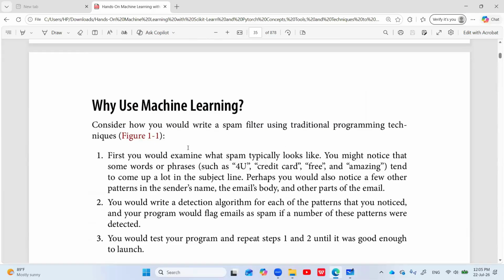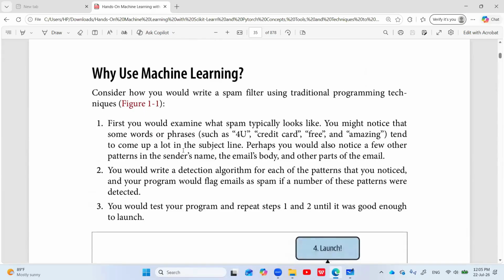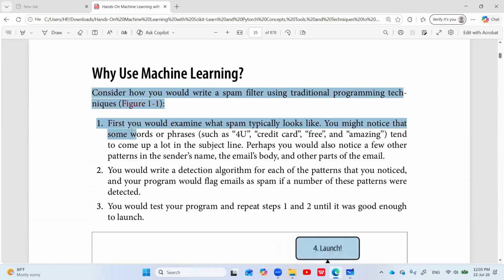Why machine learning? Why do you use machine learning? Consider how you would write a spam filter using traditional programming techniques. Just imagine you want to write a spam filter using traditional rule-based software engineering techniques, like if-else statements.